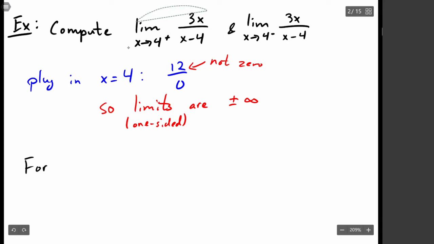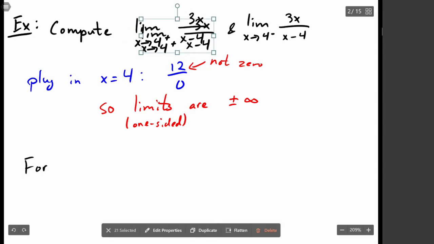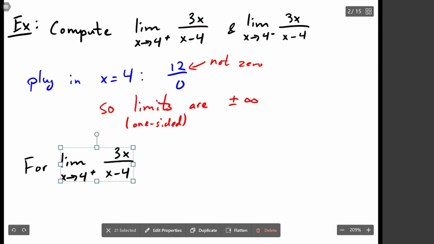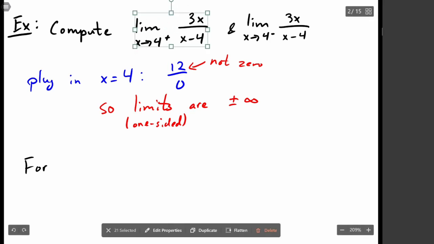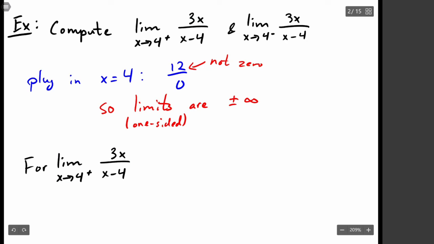Again, for this one, we use values greater than 4, not greater than or equal to, greater than 4.